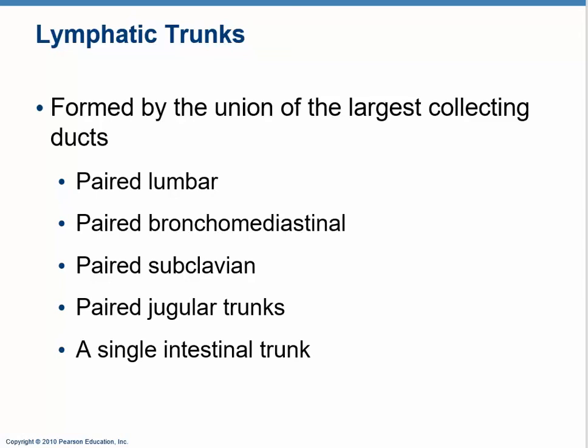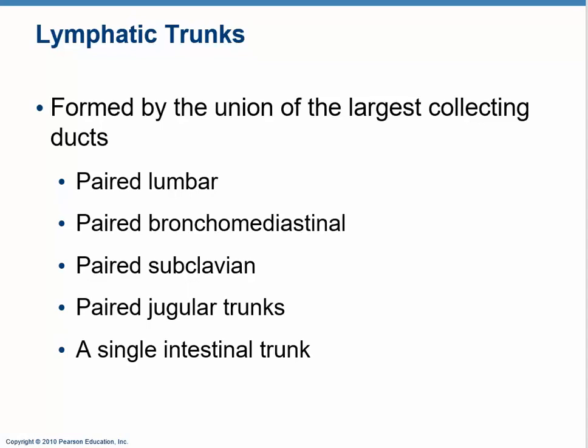There's two that come from your head, and they're called the jugular trunks. And then there's one that runs right along with your digestive system called the intestinal trunk. So basically, you have 2, 4, 6, 8, 9 trunks.